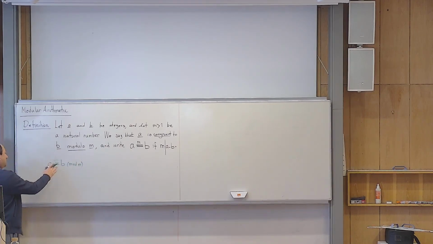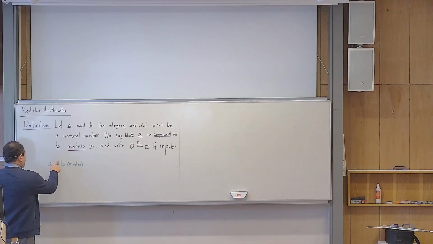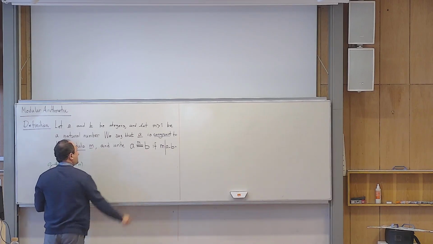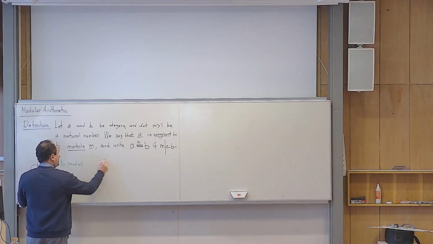I don't know why this notation has survived. You see it even in math books like this, because if you are a mathematician, you try to be lazy as much as you can, yes? So why should I write so much if I can have a compact notation like that? But in your book, if you see this, this is the same as what I have written there. And I will use my own notation because it is simpler to write.